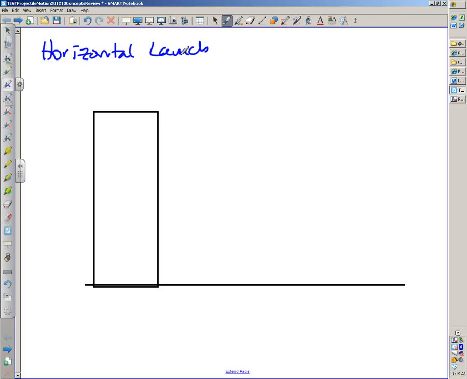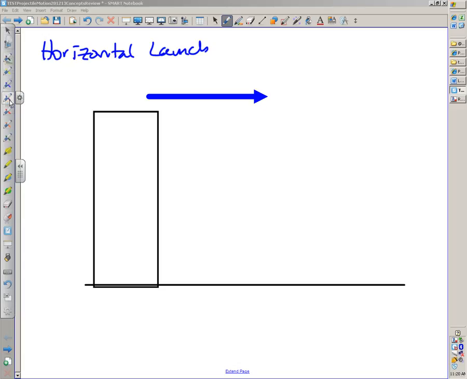So we said we stand on top of this cliff and either throw or launch or kick or whatever something in the horizontal direction. But as soon as it leaves the ledge, what starts acting on it? Gravity. Will it ever follow this blue arrow that I've drawn here? No, right? Gravity starts pulling it off of that path and starts pulling it down.